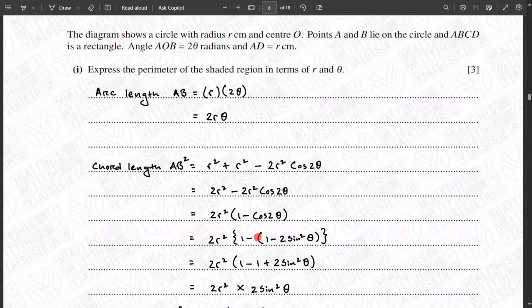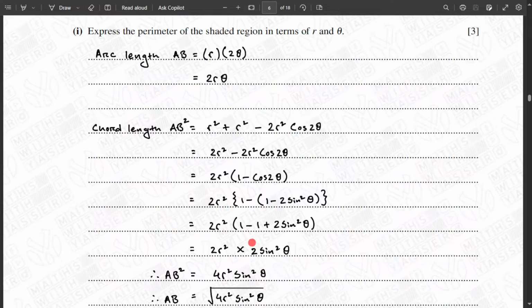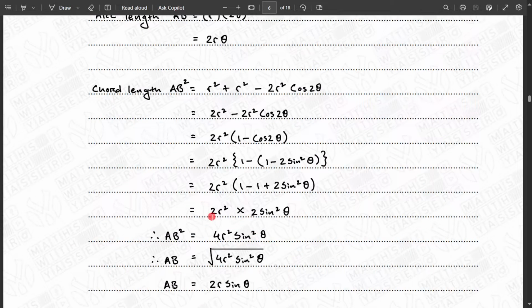So after opening the brackets, it becomes 1 minus 1 plus 2 sine square theta. Minus and minus will give us plus. So 1 minus 1 cancels out, and then we have 2r square getting multiplied with 2 sine square theta. So this becomes 4r square sine square theta. That is the value of AB square.